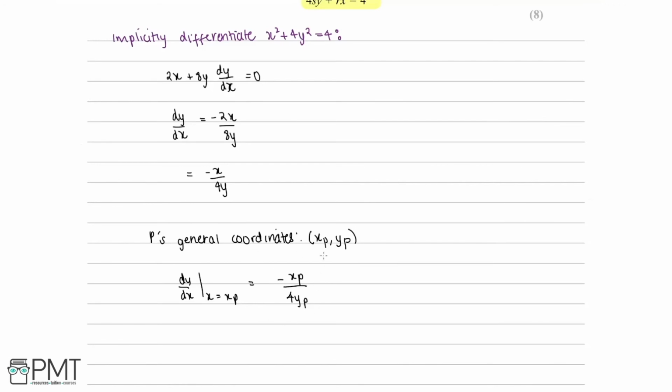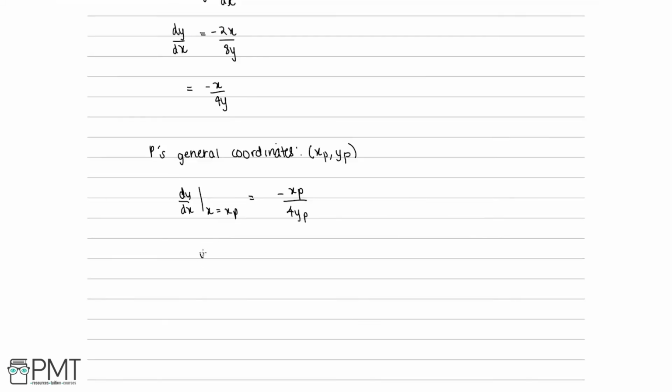Well, if this is our gradient at point P, then we can find the equation of the tangent at point P by substituting this gradient and our coordinates xp, yp into our formula for a straight line. So we will get y minus yp is equal to minus xp over 4yp multiplied by x minus xp.